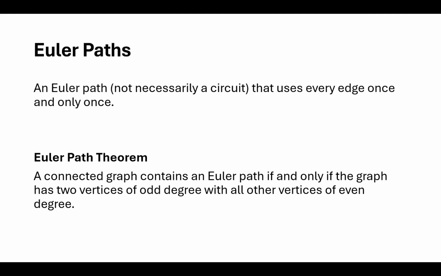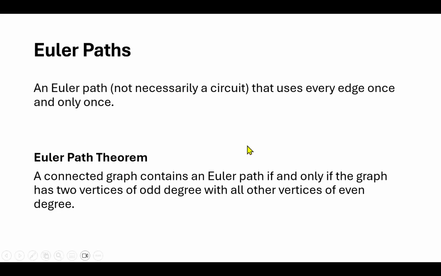Now, later on, they started calling also an Euler path in a similar way: go through every edge once, but do not repeat edges. So now you don't need to start and end in the same place, but you do need to go through all of them. And the modification, which is called the Euler path theorem, is that, by the way, Euler was a very famous mathematician who did a lot of incredible things.